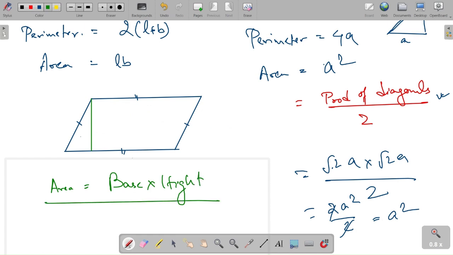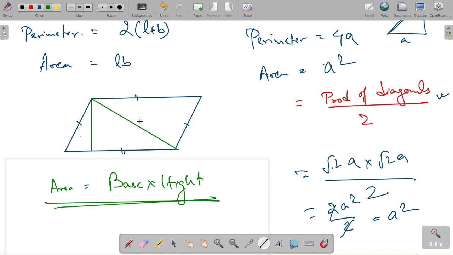And why so? Because in a parallelogram, a diagonal divides a parallelogram into two equal areas. Do you know that? That a diagonal can divide a parallelogram into two equal areas?